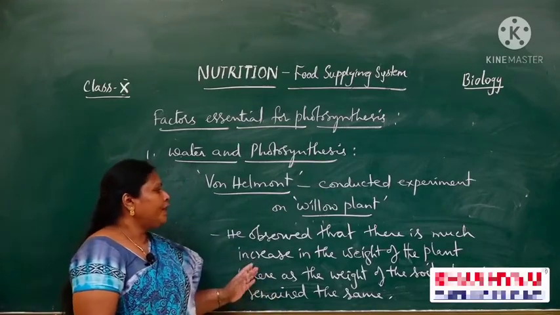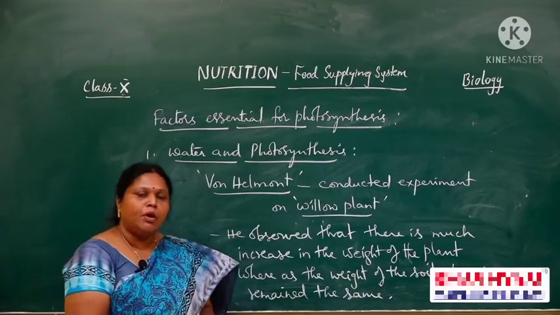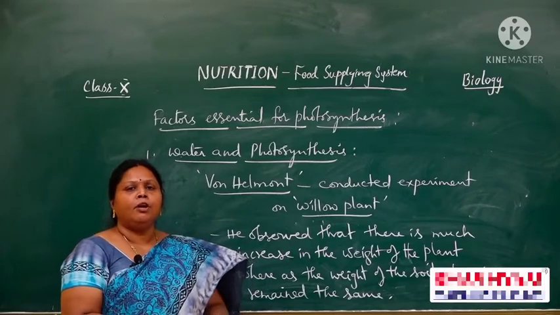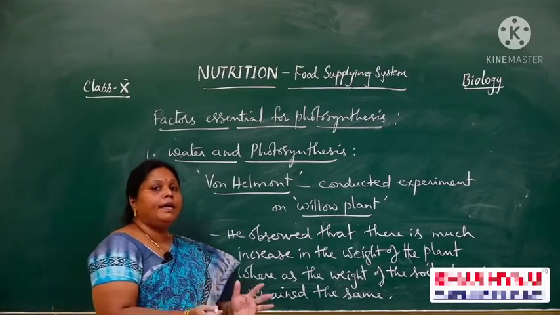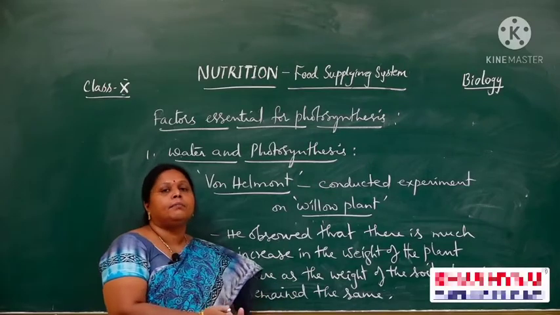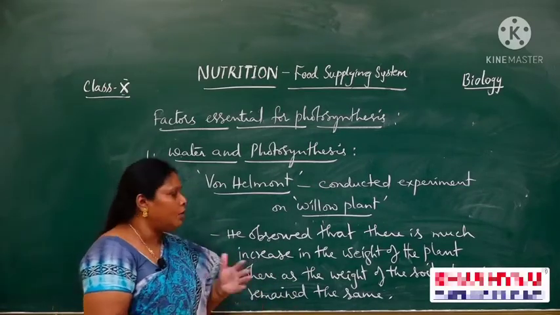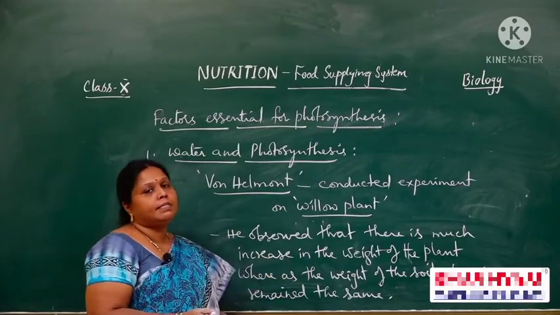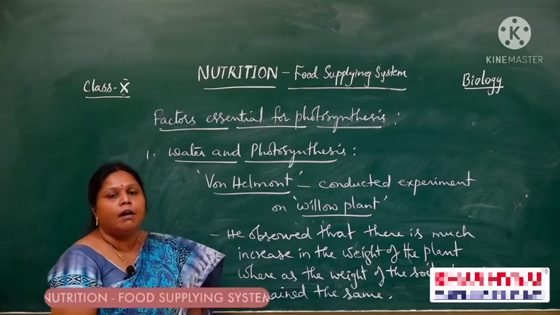When he observed, there is much increase in the weight of the plant body, whereas the weight of the soil remained almost the same. What reading he had taken at the initial time, that is before 5 years, after 5 years also the weight of the soil remained the same, whereas the weight of the plant has changed a lot.